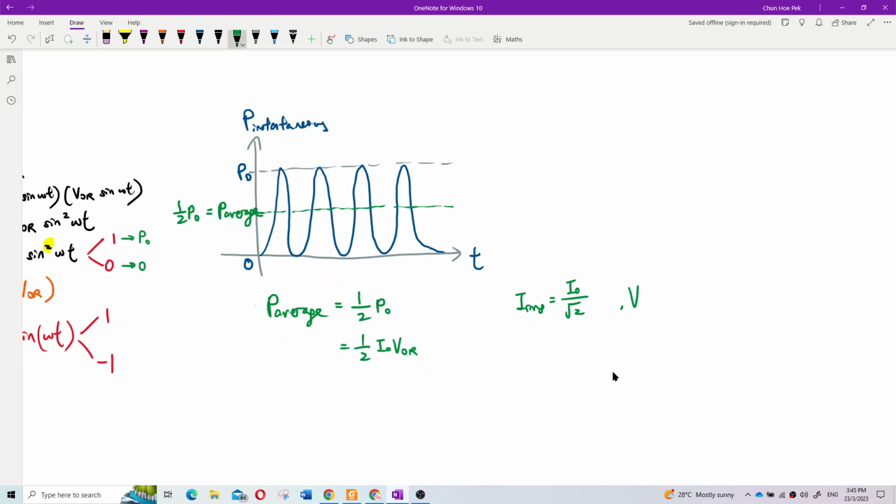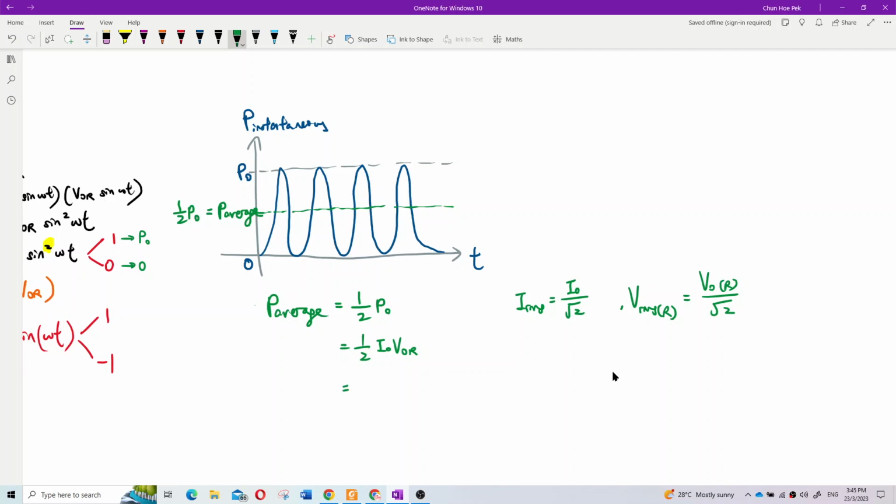So V naught R also is V RMS R over what is it? V RMS R is V naught R over root 2, correct or not, class? Divide by root 2, you get the V RMS value, right?